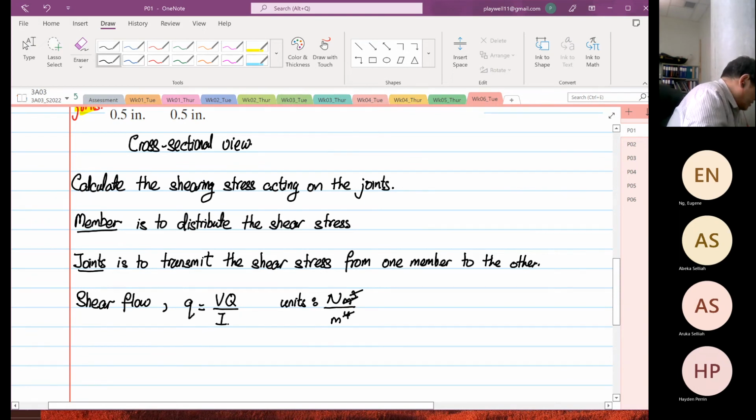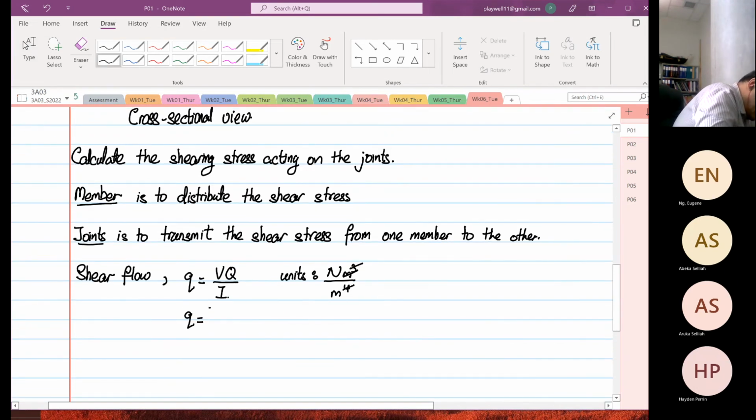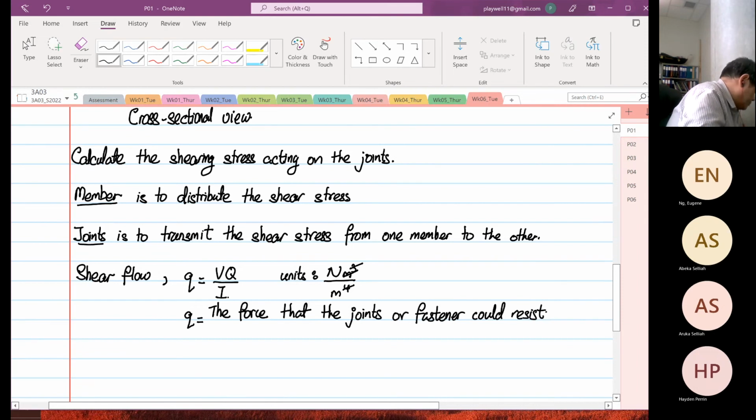Now there is another equivalent way we can determine the shear flow: it is also equal to the force that the joints or fasteners could resist, divided by the spacing of the fastener.